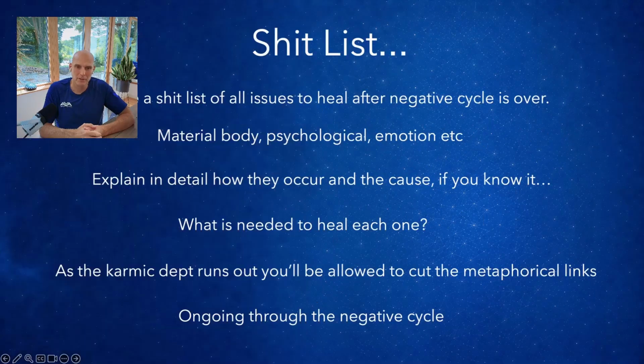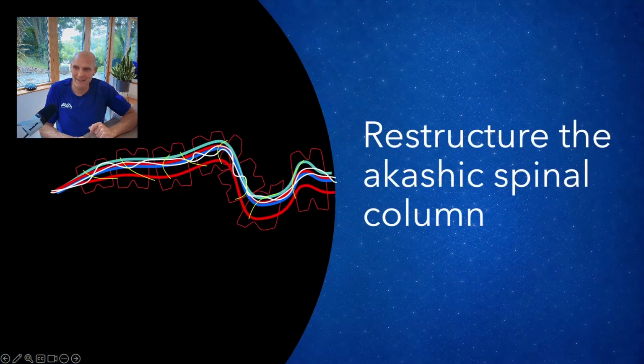Basically, what you've got to assume here is that everything negative that you feel in your life is coming from your karmic debt. And you need to write it down to understand it properly so that you can then change your akashic stream, because you need to change your akashic stream to go into the positive cycle. Absolutely. That is exactly what we're talking about.